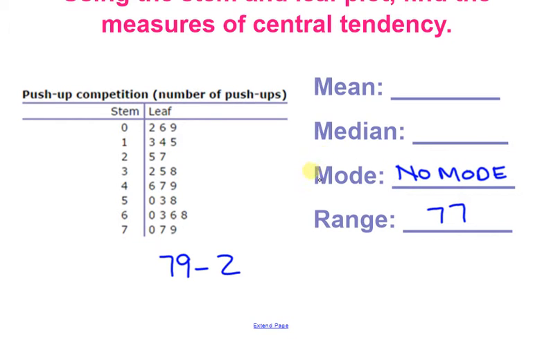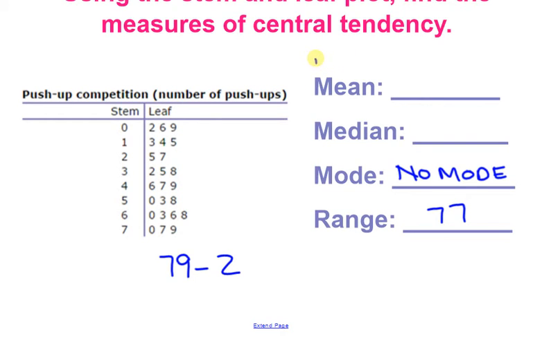All right, let's go ahead and calculate the mean now. So I have 2 plus 6, 9, and then 13, 14, 15, 25, 27, 32, 35, 38, 46, 47, 49, 50, 53, 58, 60, 63, 66, 68, 70, 77, 79.